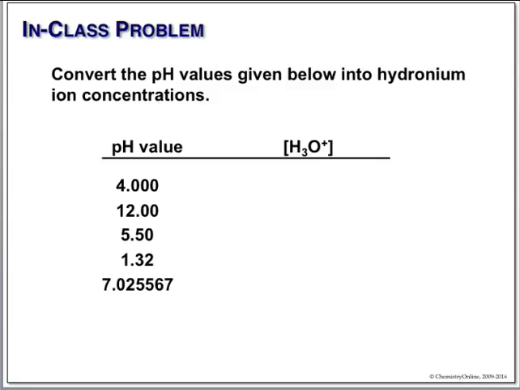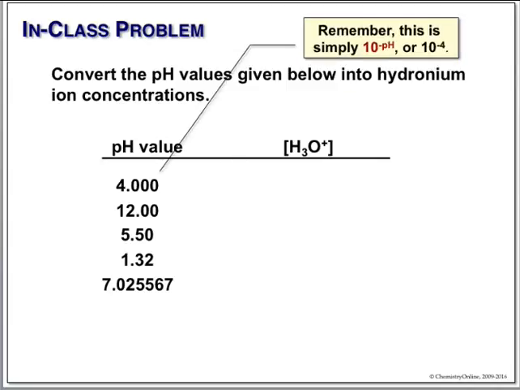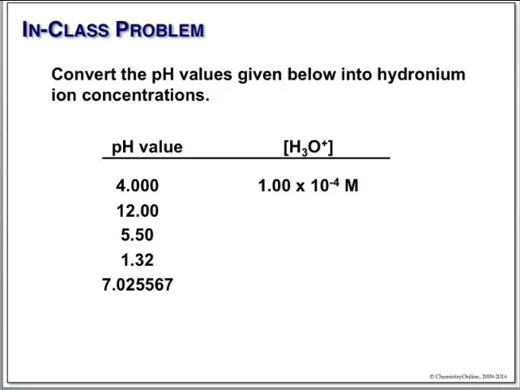So hydronium is 10 to the minus 4. That's just that. If I tell you the pH is 12, then 10 to the minus pH would be 10 to the minus 12.